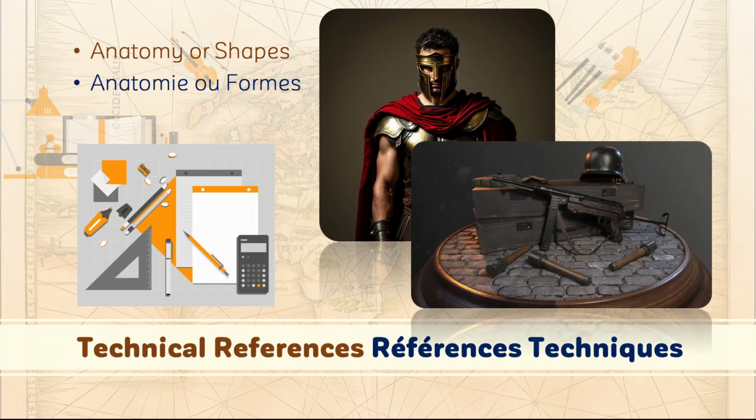So technical reference. What are the technical references? It's the anatomy, the shape of the object. It can be like hard surface. We call hard surface anything artificial, as you can see in the bottom image. And soft surface or organic would be the skin of the guy. But the guy is a mix.